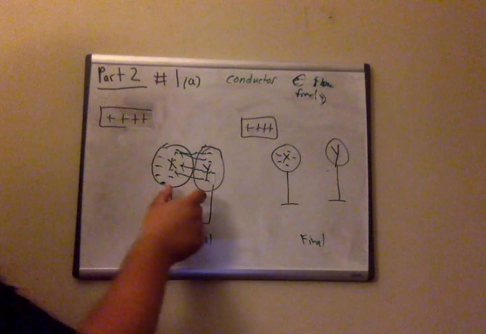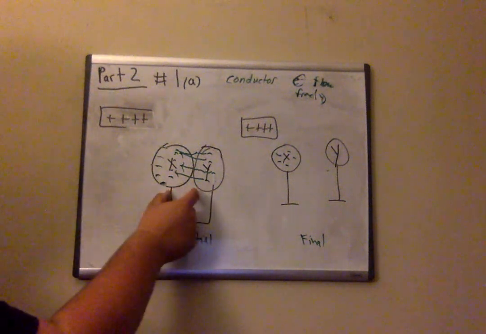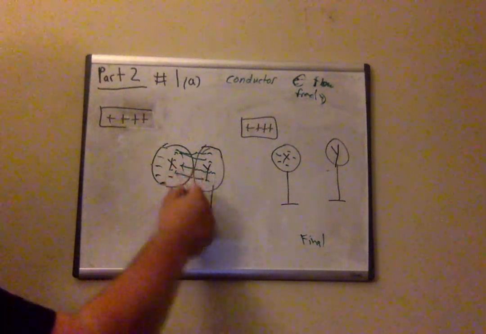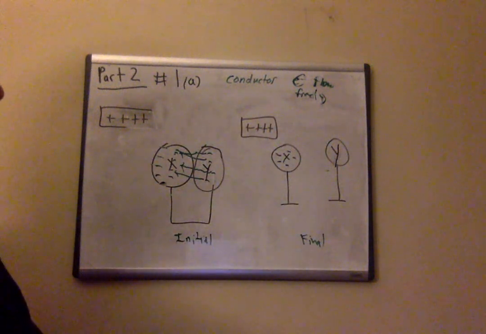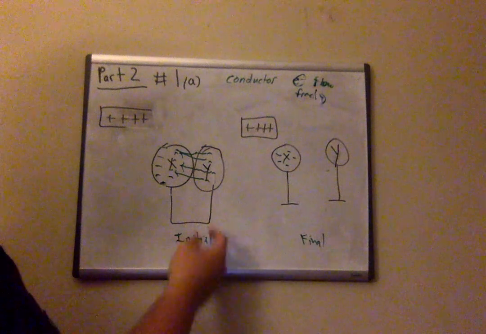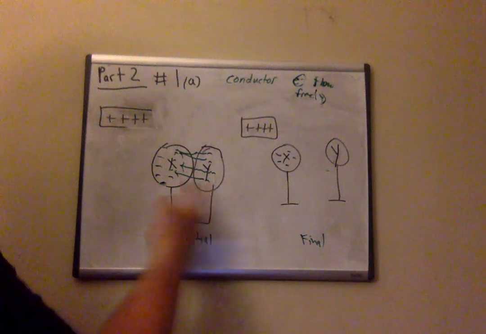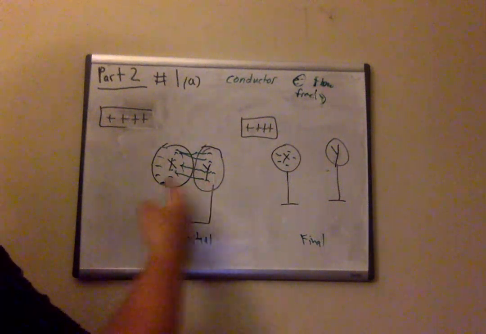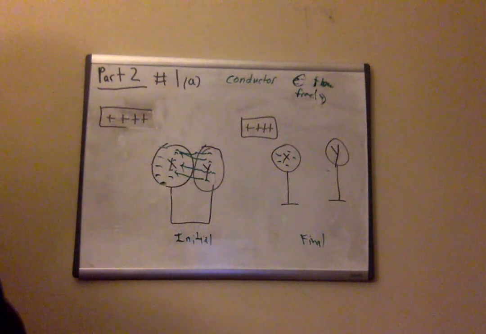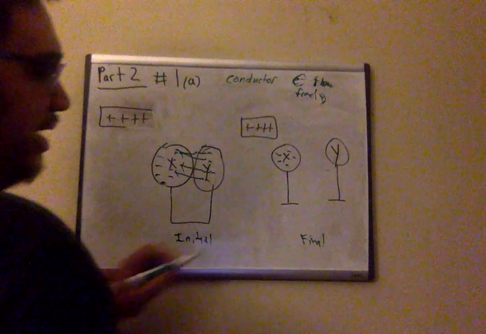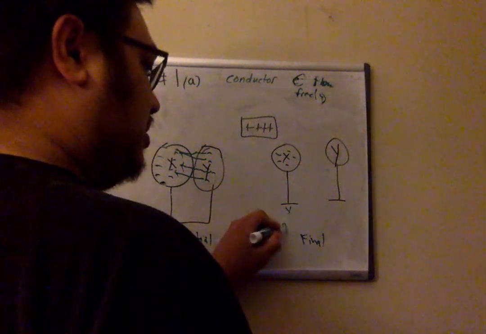So although the two metal balls were neutral, because they were touching and because it's a conductor and the electrons flow freely, the loose electrons end up moving onto X. And so we're going to have an excess of electrons on X, so X is going to be negative.